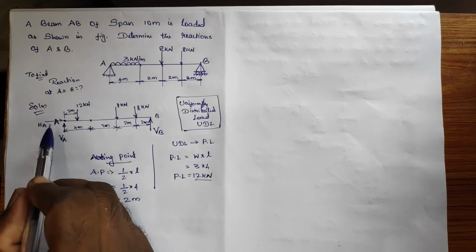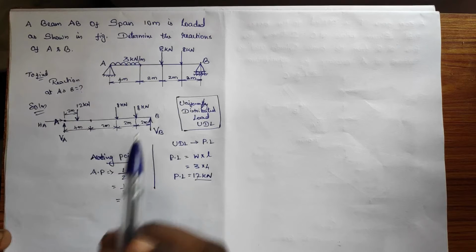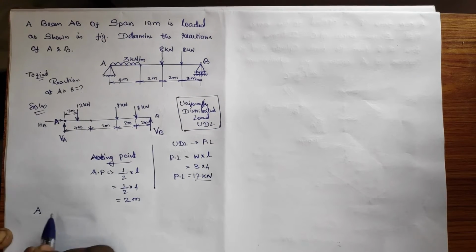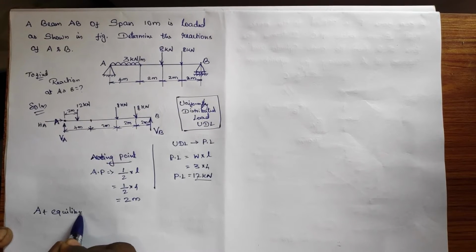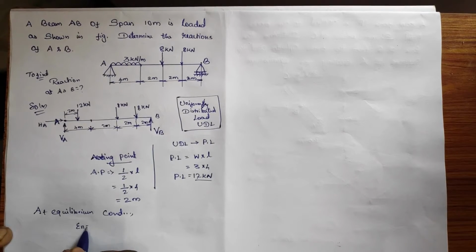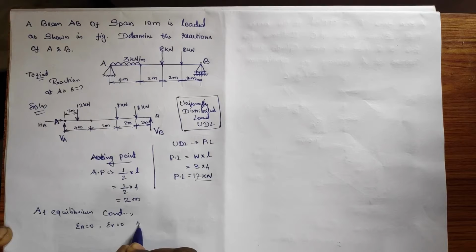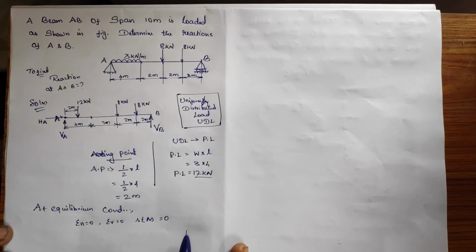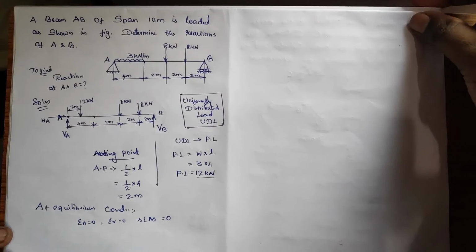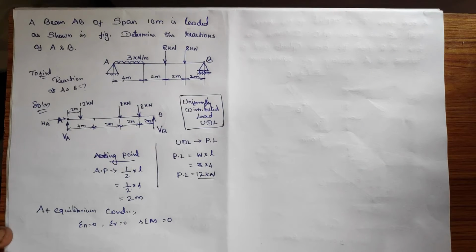We're going to find the unknowns at the ends A and B. So at equilibrium condition, what is the condition? Sum of horizontal forces is equal to 0, sum of vertical forces is equal to 0, and the moment about any point is equal to 0. Okay, so this is what we're going to do.